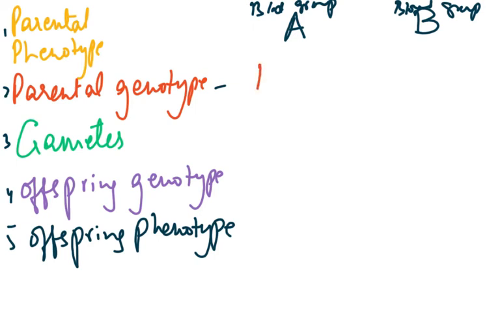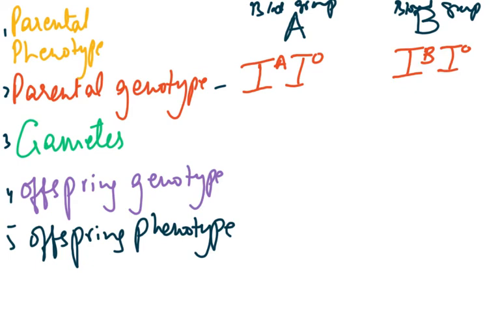The genotypes will be IA and IO. Similarly here it will be IB and IO. That's the only way it can be possible. Of course there can be IA IA as well and IB IB as well, but then all the children will be IAIB.